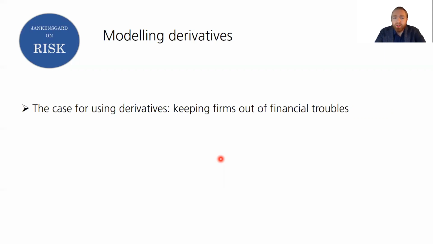But if you go to the literature on the subject, the academic writings on derivatives, the case for it is largely about keeping firms out of financial troubles and the negative consequences that occur when the firm is financially weak.